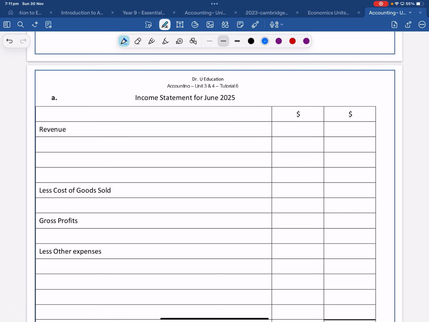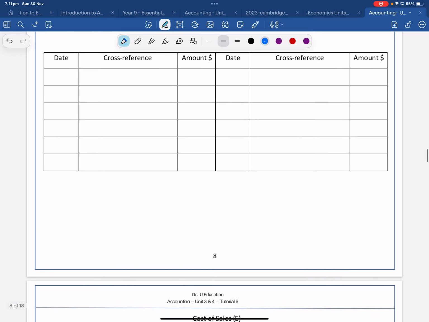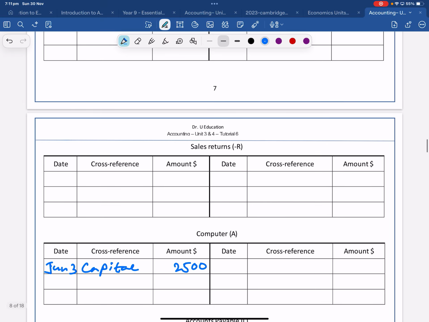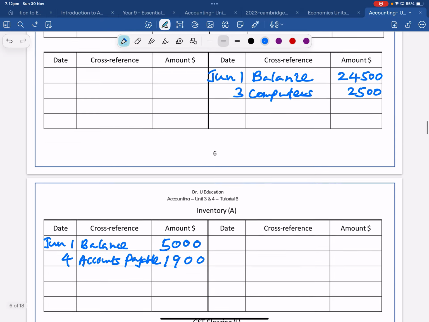Income statement, everything. See, you guys are lucky, aren't you? We draw every line, everything. And trust me, I didn't use a ruler. I have never used a ruler in my exam. Why? Because it wastes time. Okay.